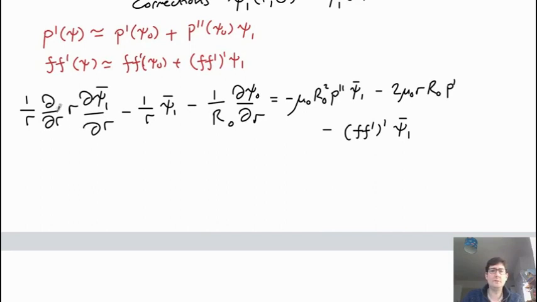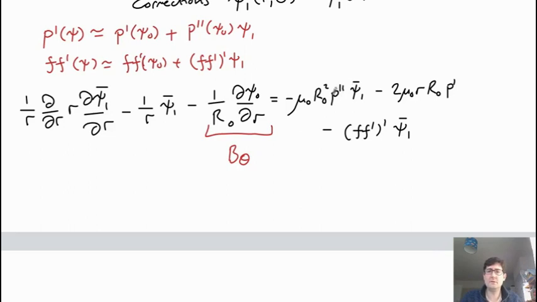Okay, so I've got an equation here for psi 1. We're going to need some manipulating of this to simplify it a bit. So one thing we can do is just recognize a few terms. So this, for example, is just b theta. So b theta is just the derivative of psi with r and with a 1 over r in front. So it's called b theta. The next thing we can do is try and get rid of some of these derivatives.